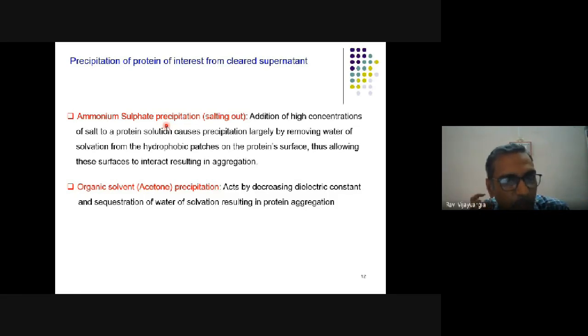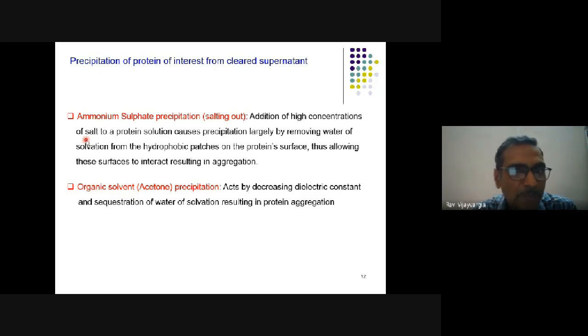The least soluble proteins precipitate first, because ammonium sulfate is highly soluble in water. When you add it to water, it removes the water of solvation. Whatever water was keeping the protein in solution is taken up by ammonium sulfate to get itself dissolved in water, so now proteins don't have water to remain soluble.